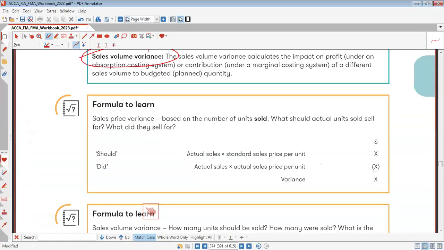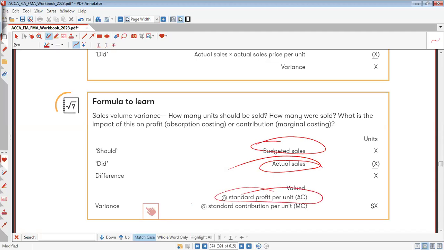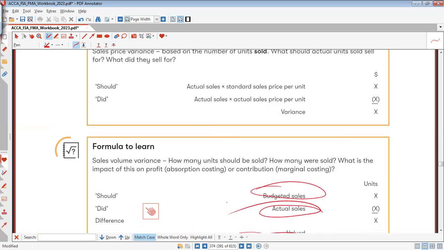It impacts profit if we're using absorption costing, and contribution if we are using marginal costing. So we shall compare budgeted sales with actual sales and then value them at the standard profit per unit under absorption costing and the standard contribution per unit under marginal costing.